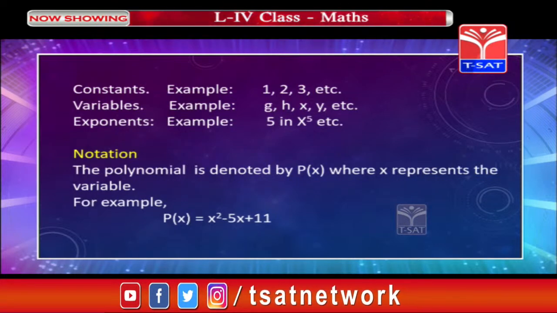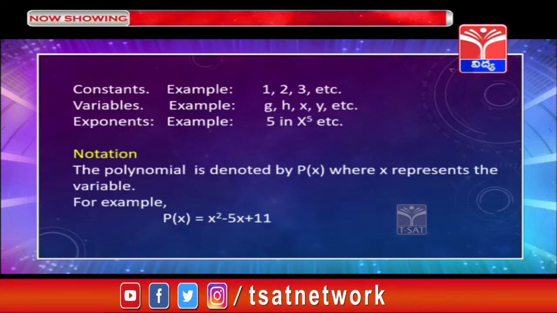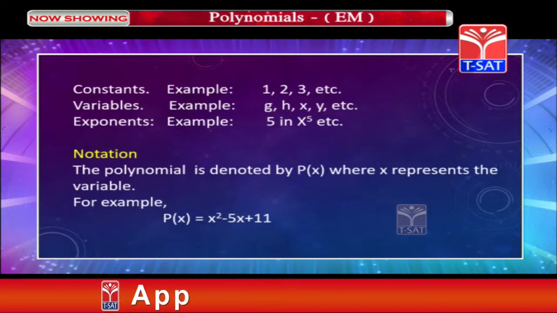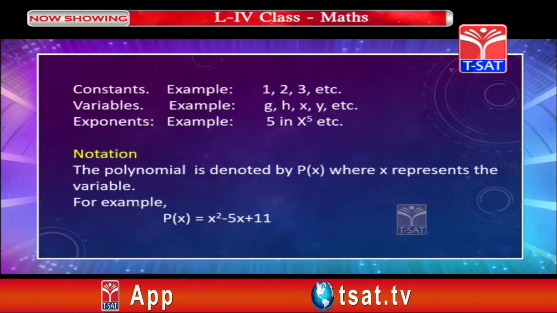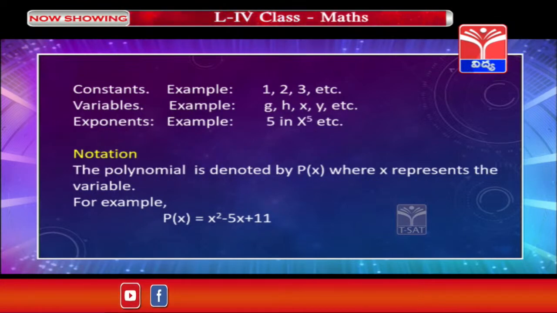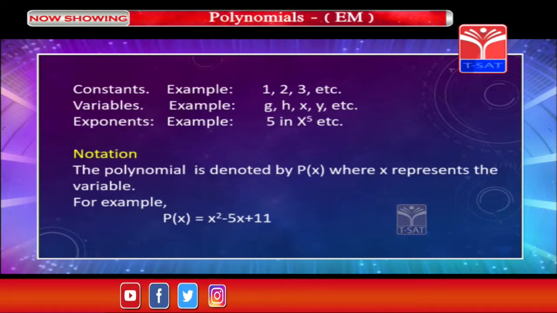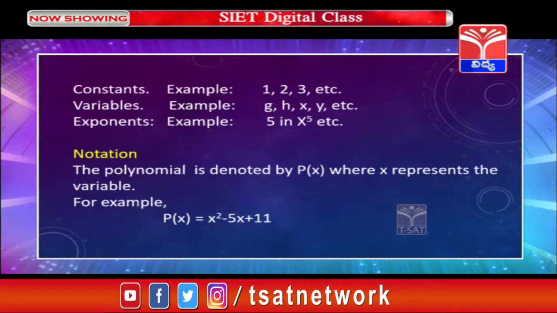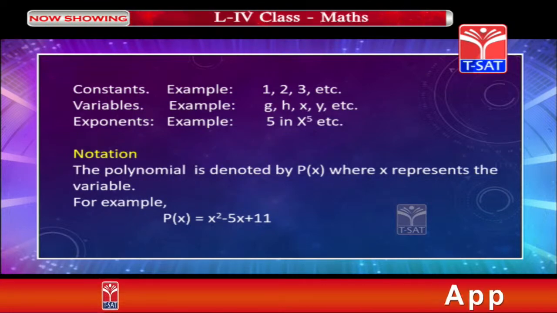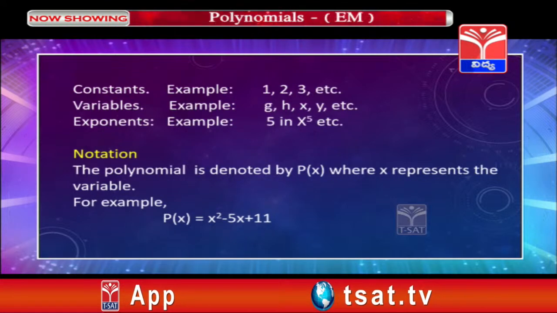So, simply we have to understand that a polynomial is denoted by p of x. For example, p of x is equal to x square minus 5x plus 11. Is it clear? Here x is the variable, x square has the exponent, 11 is a constant, and minus 5 will be considered as the coefficient of x.